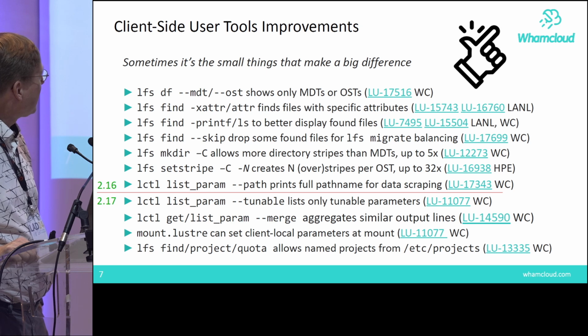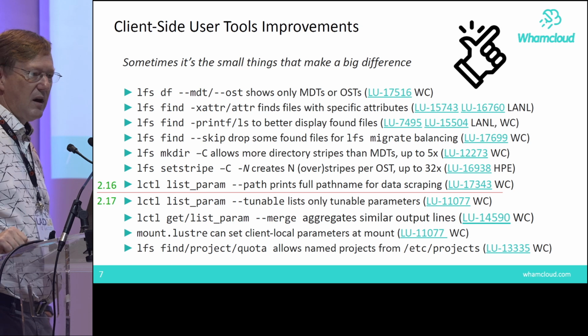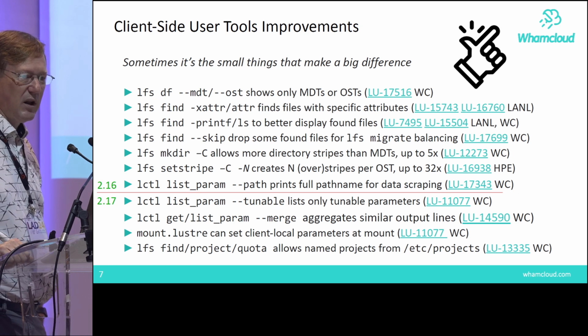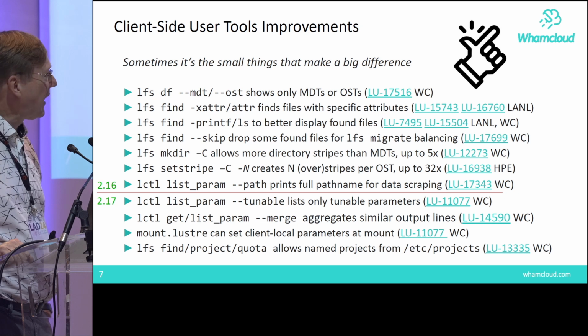Another one, overstriping, is essentially for regular files. You can overstripe a regular file across multiple stripes on one OST, and again, that's good for highly contended workloads on a single file.